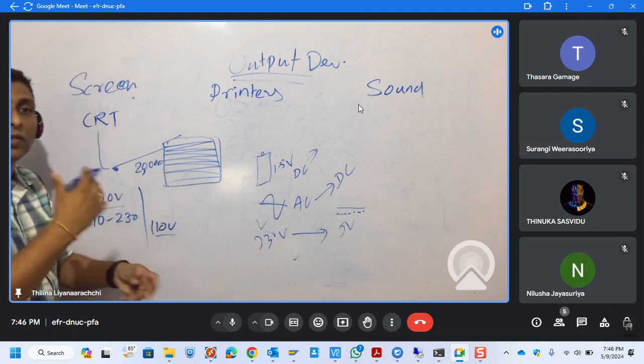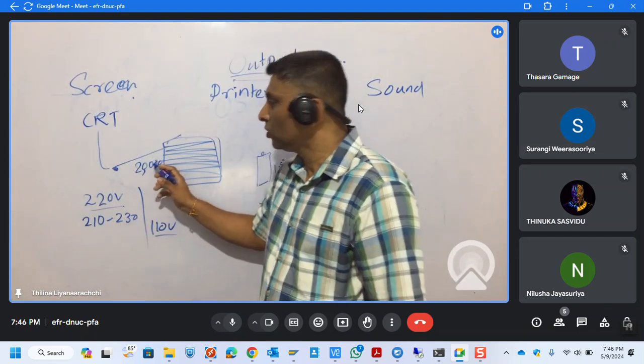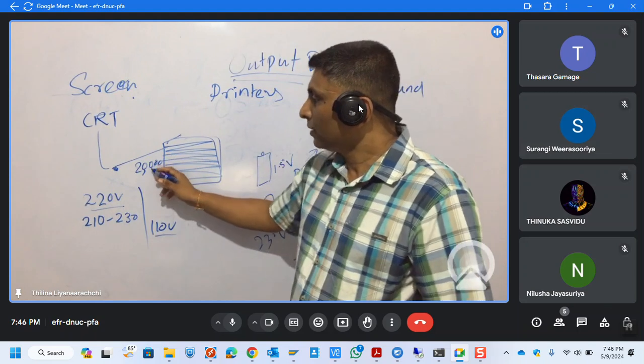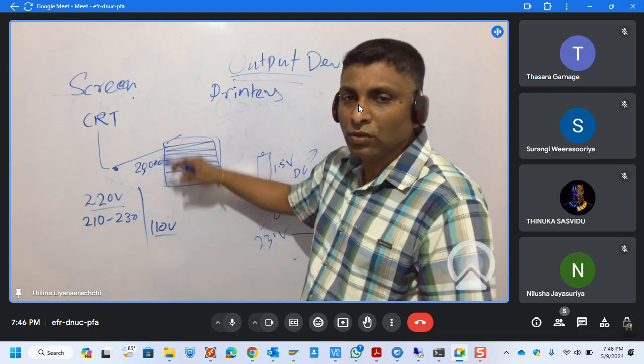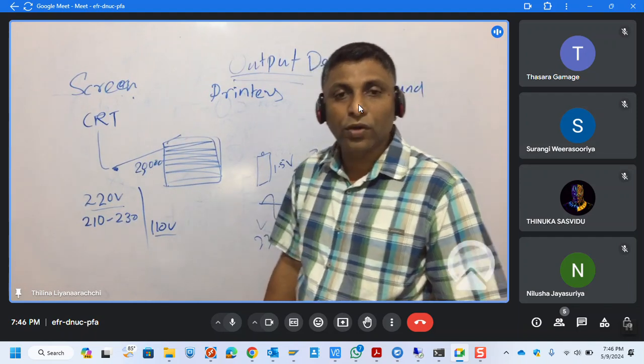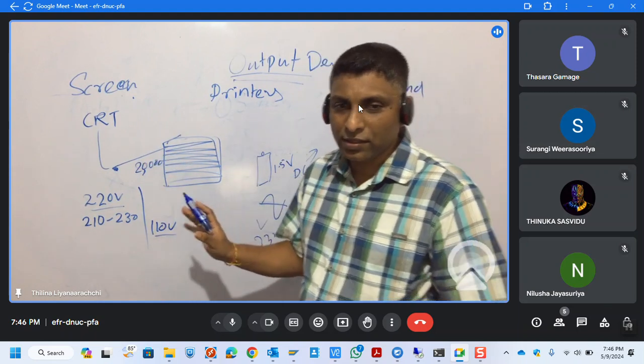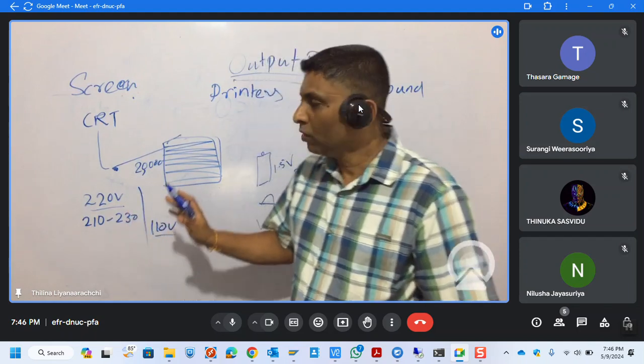That increased voltage is used for this mechanism, the CRT, cathode ray tube, the electron beam. Those are additional information. So you should know what CRT is.